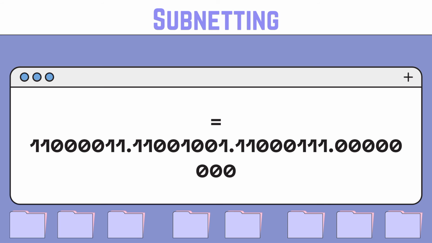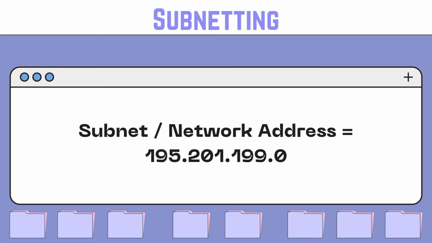11000011 dot 11001001 dot 11000111 dot 00000000. Now, the answer we have for the subnet or network address is 195.201.199.0.